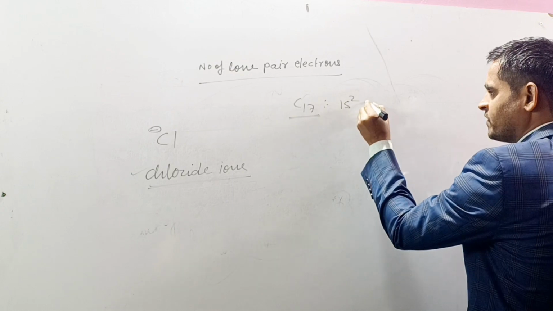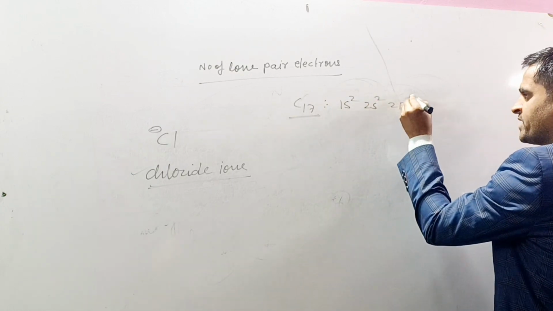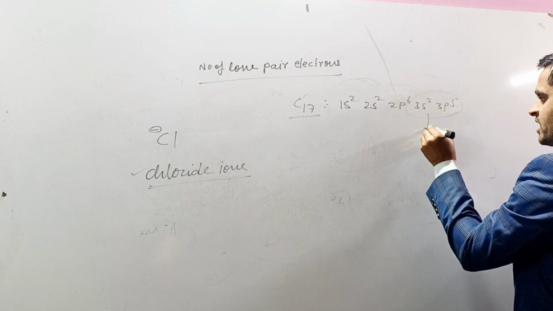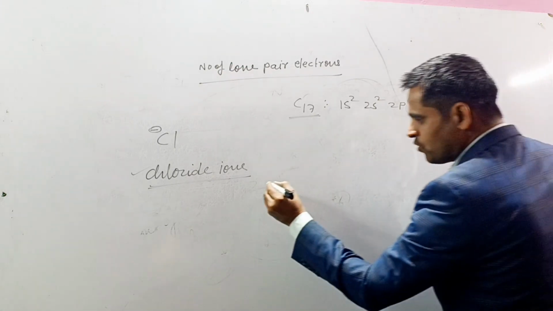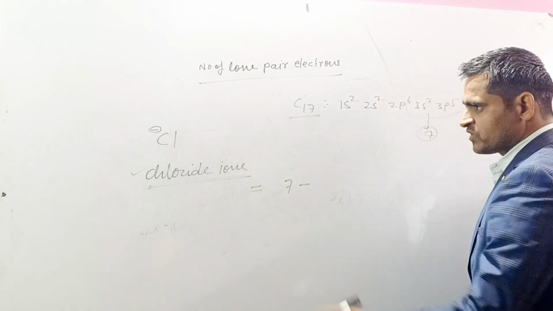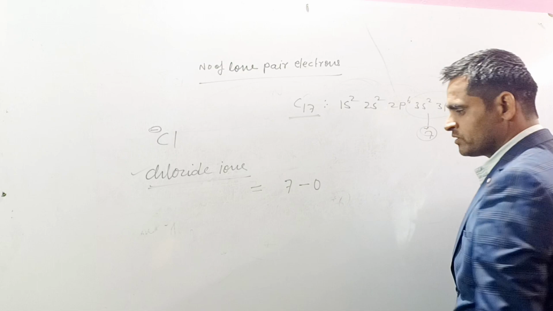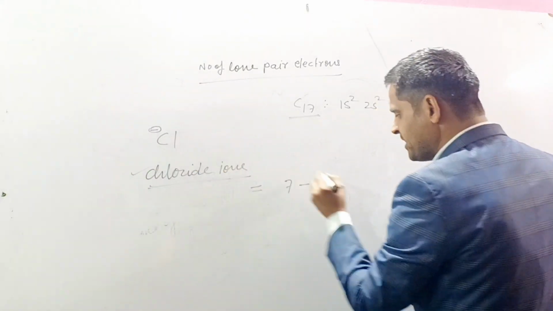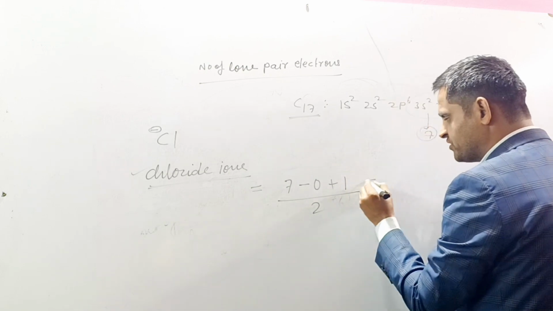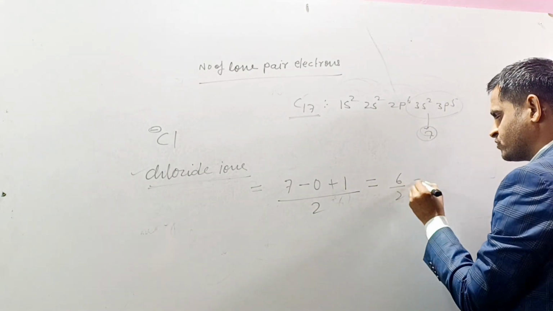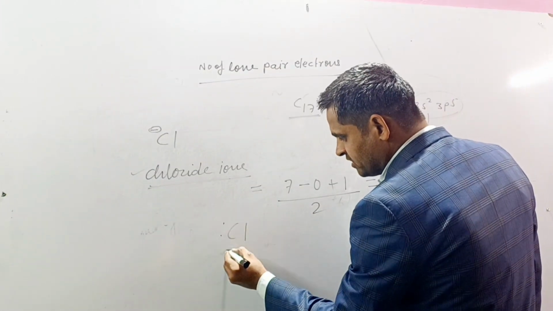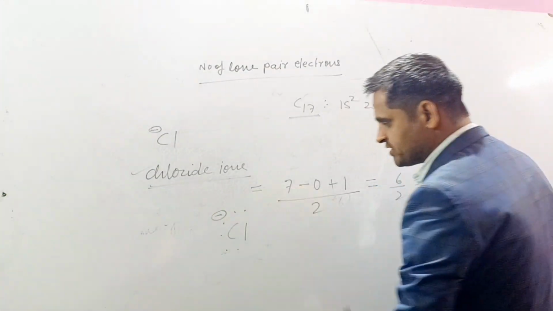The electronic configuration is 1s2, 2s2, 2p6, 3s2 and 3p5. The outer shell contains 7 electrons. So the number of lone pair electrons is 7 minus no covalent bond 0, and charge minus 1, so here plus 1, divided by 2, and 6 divided by 2 equals 3. So the chloride ion contains 3 lone pair electrons, like this.